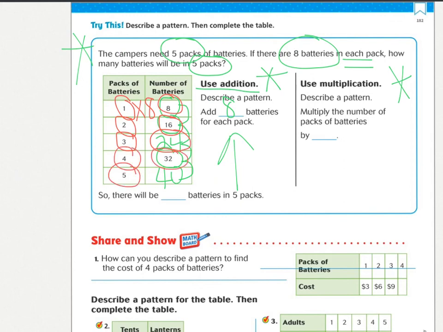And 5 times 8 is 40. So, multiply the number of packs of batteries by 8. So there will be 40 batteries in 5 packs.